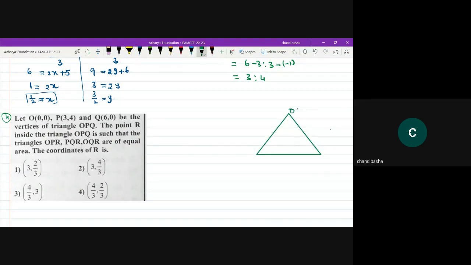This is O, 0, 0. P will be given to you as 3, 4. Second option, or option 2, 6, 0.